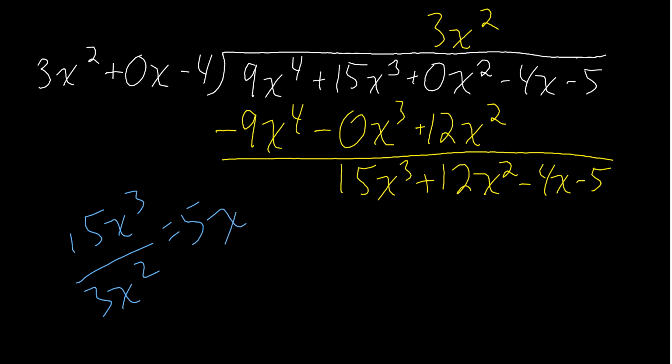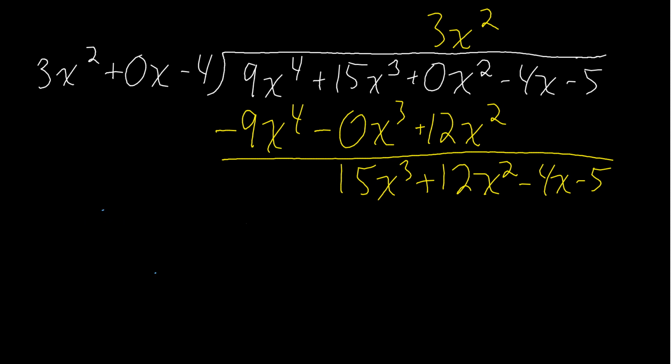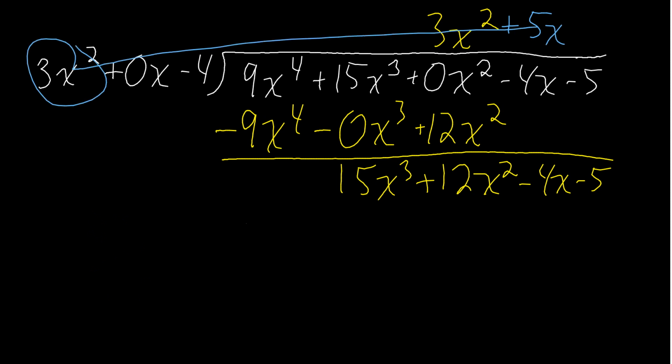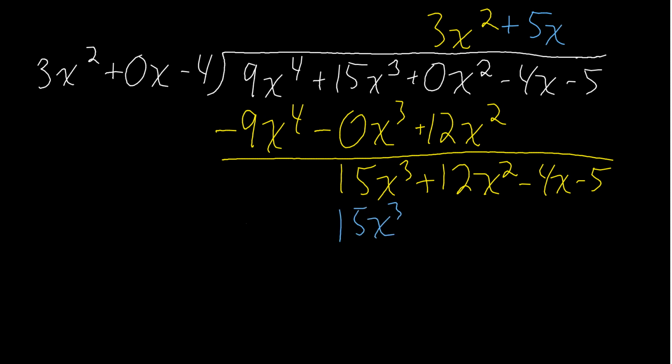So 5x, I'm going to put it directly over the x value there, plus 5x, and I'm going to multiply through again. 5x times 3x squared is going to be 15x cubed. 5x times 0x is going to be 0x, so plus 0x squared. And then 5x times negative 4 is going to be minus 20x.